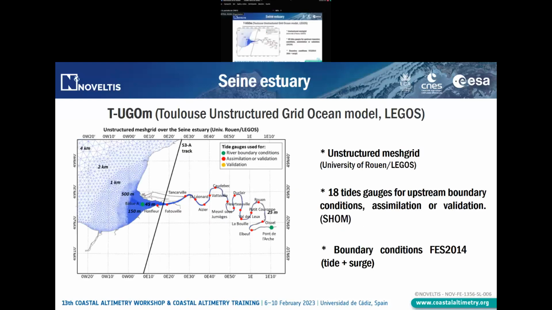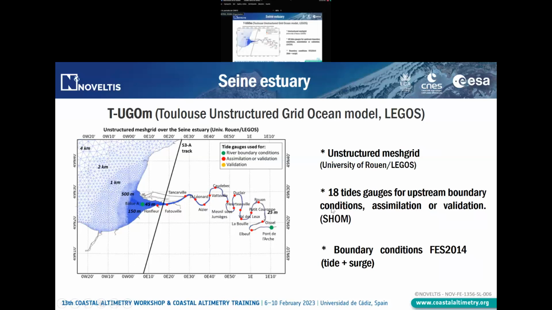For this experiment, we use the Toulouse unstructured grid model developed by LEGOS, with a mesh resolution from 4 kilometers in the open ocean to 25 meters upstream in the river.